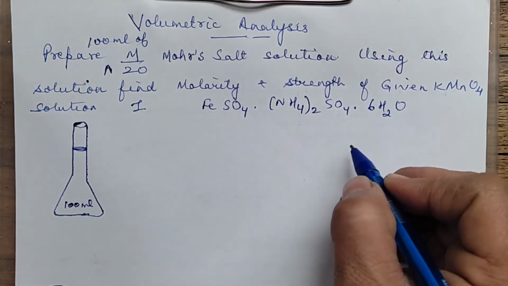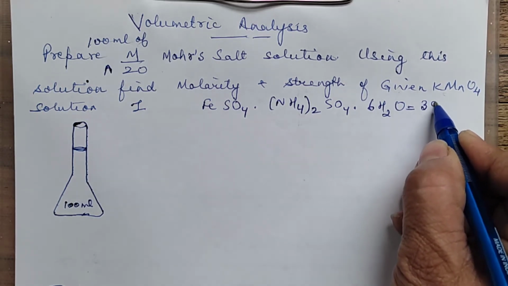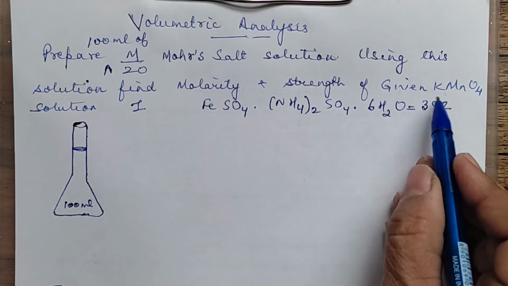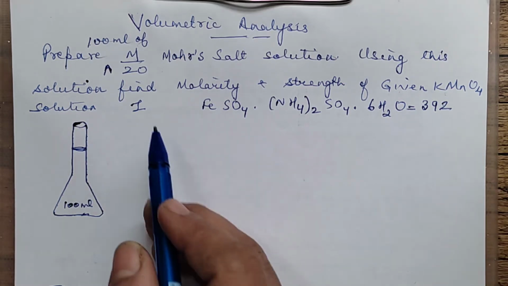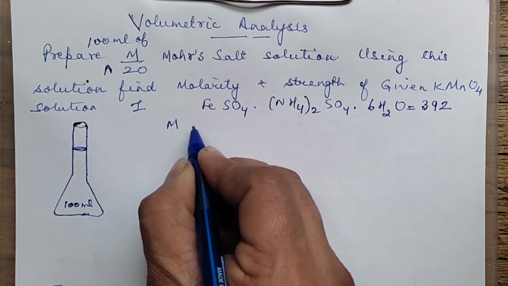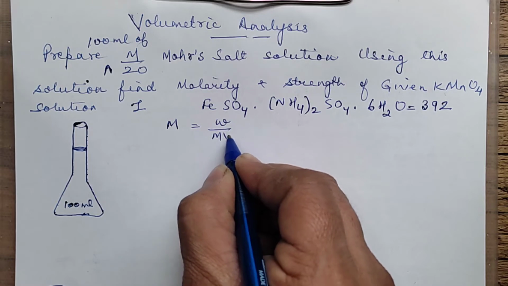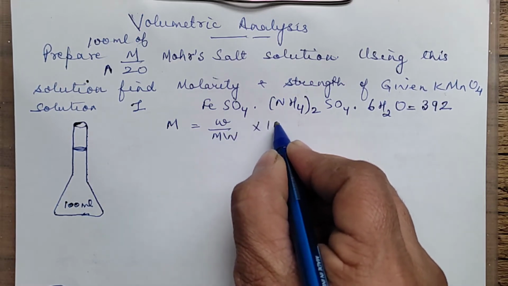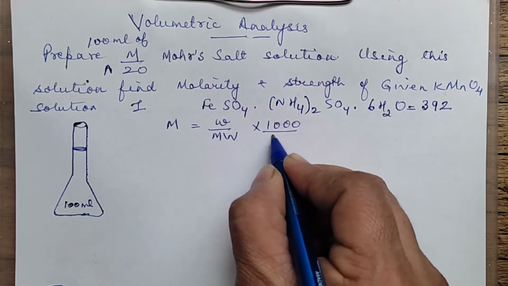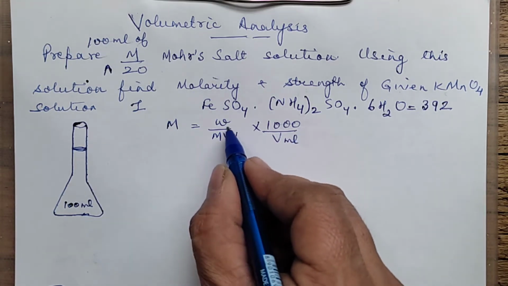This is the complete molecular formula of Mohr salt, and the molar mass is 392. We have to prepare 100 ml of M/20, so we will use the molarity formula. Molarity is equal to weight by molecular weight into 1000 divided by volume in ml.